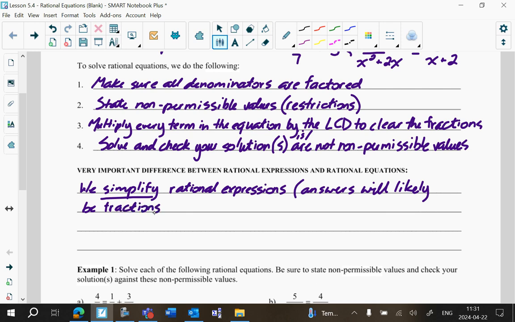But we solve rational equations. There will be no fractions left. We want to get rid of them to help us figure out what the value of x is, or whatever the variable is. Right?